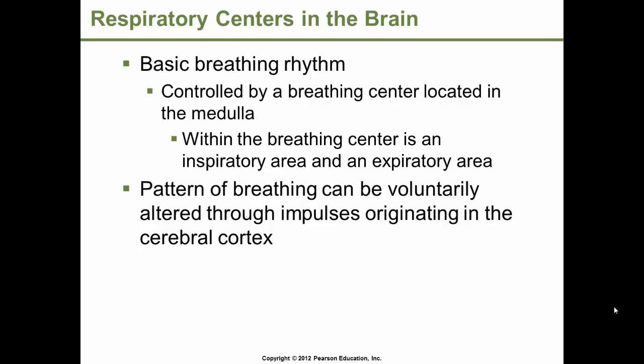Impulses stimulate the diaphragm and intercostal muscles. After about 2 seconds of activity, the inspiratory neurons cease for a few seconds, in which the diaphragm and intercostal muscles relax and exhaling occurs. During heavy breathing, the expiratory center facilitates contraction of other intercostal muscles and abdominal muscles.